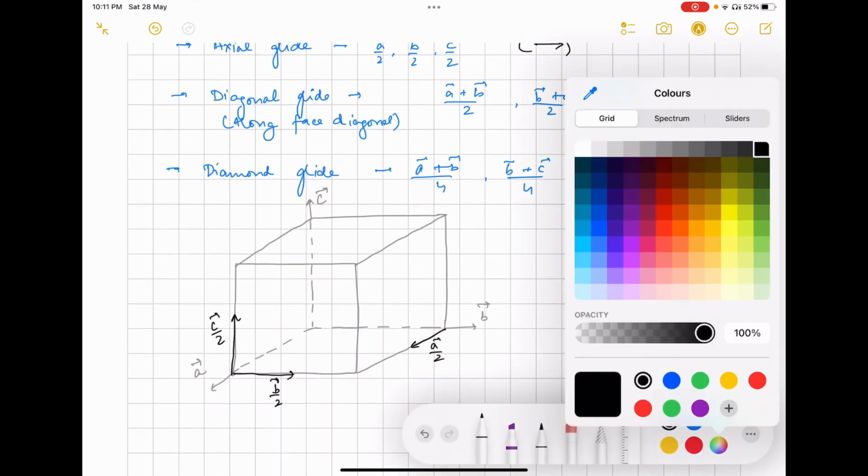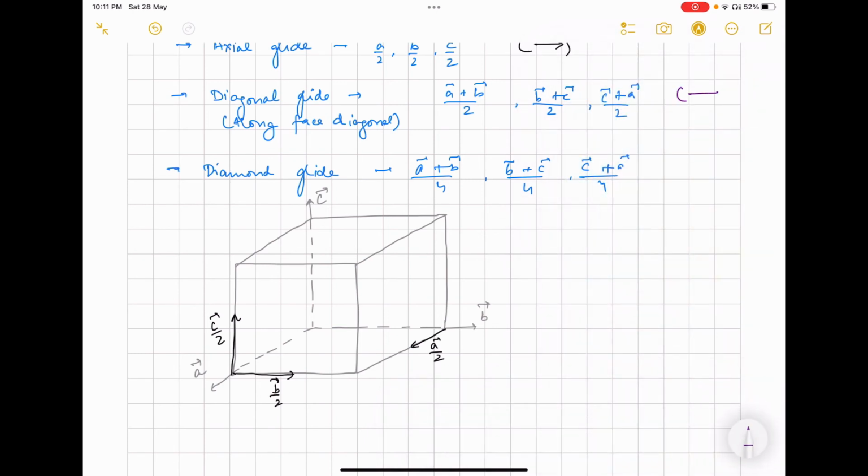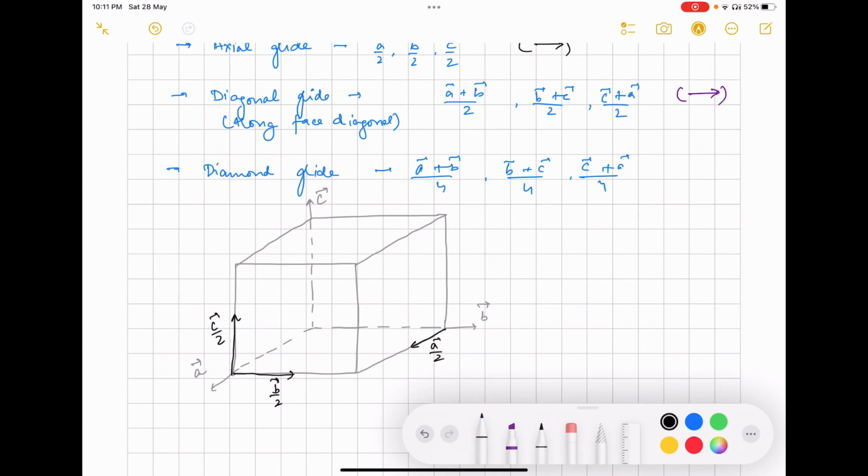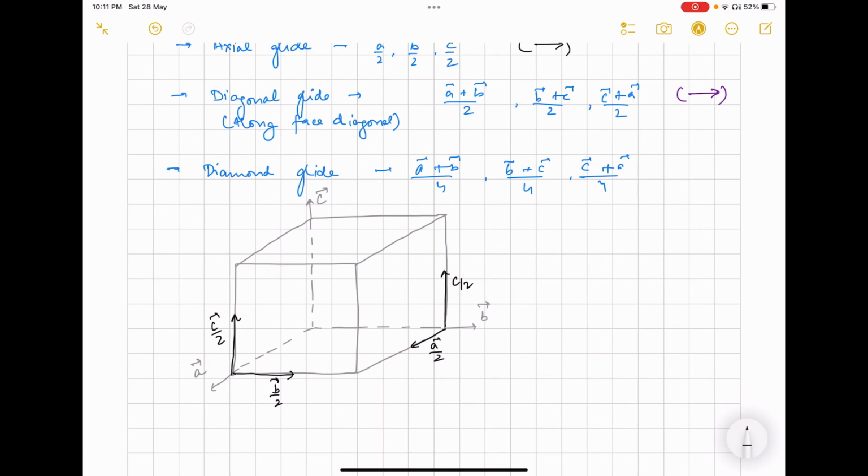Now let us talk about diagonal glide. So diagonal glide is A vector plus B vector by 2. So it is sum of this A vector plus B vector. So let me mark these on all the edges. This will be your c vector by 2, and then again, this will be your a vector by 2, and this will be your b vector by 2.